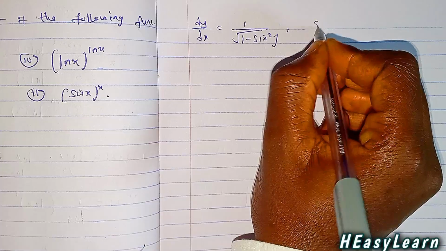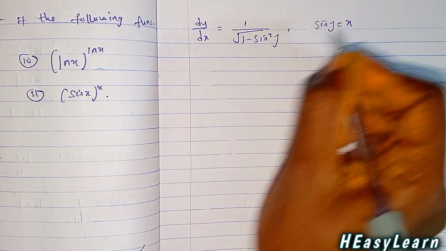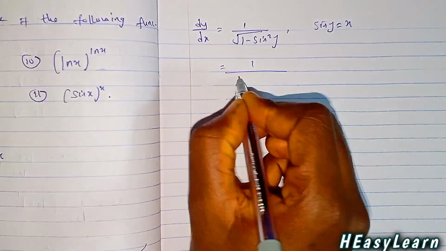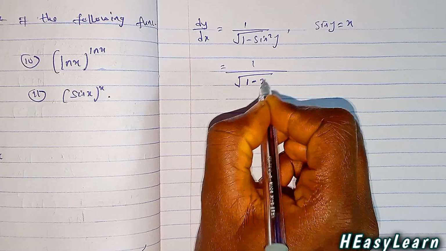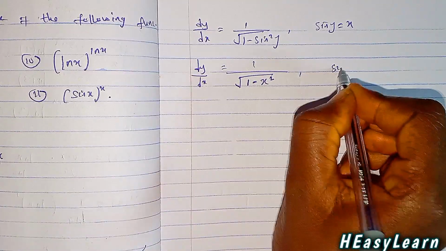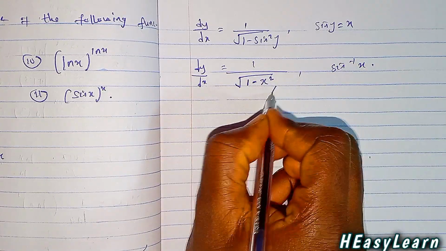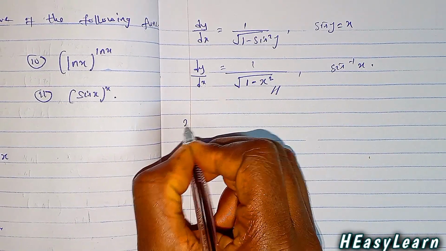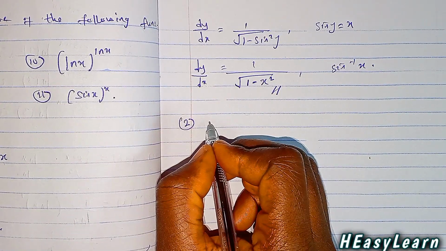But from above, sine y equals x. So this equals 1 over the square root of 1 minus x squared. So the derivative of sine inverse of x is 1 over the square root of 1 minus x squared.